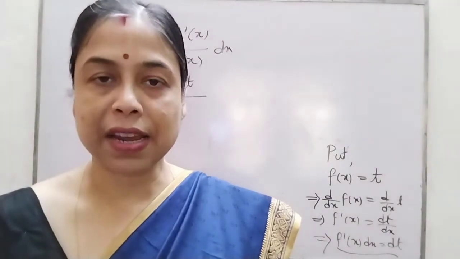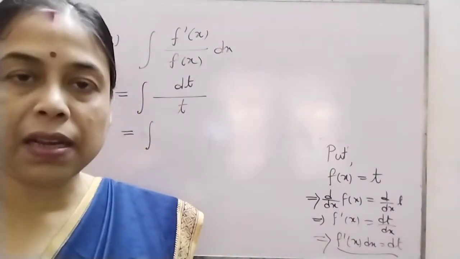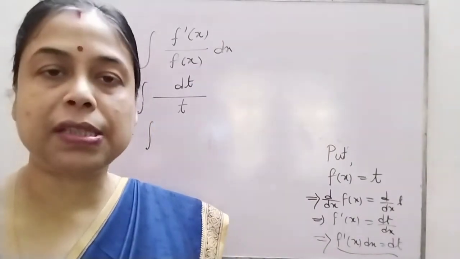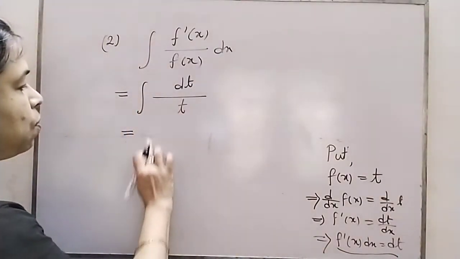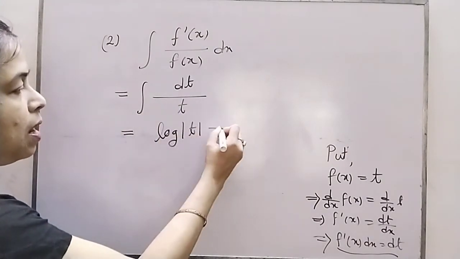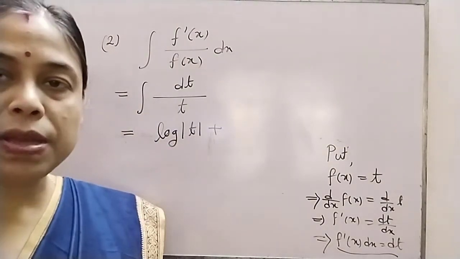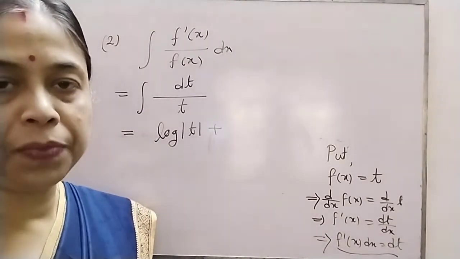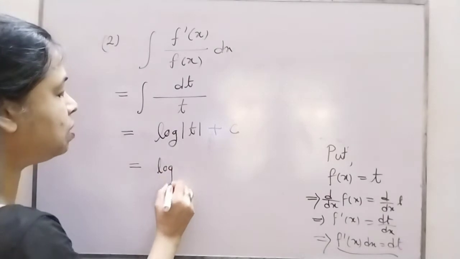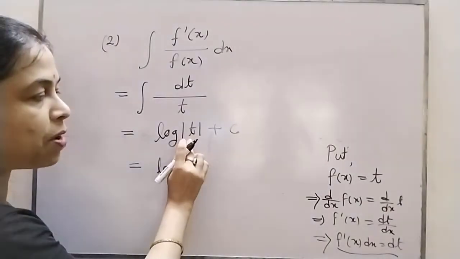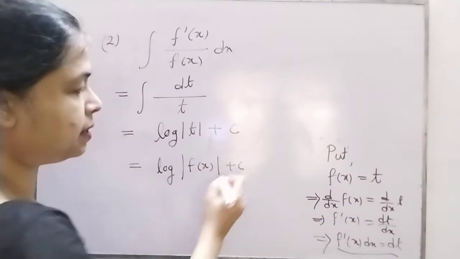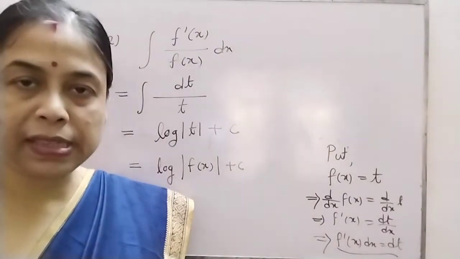Yes, this standard form gives you dt by t, which is the 1 by x dx form, which is nothing but log of modulus of t. And when I use it, obviously I have to remove the integration symbol. And when a logarithm comes, don't forget to give the modulus sign. Plus c. And the ultimate aim is to change back to the original variable, that is, log of modulus of fx plus c. Hope you understand it.